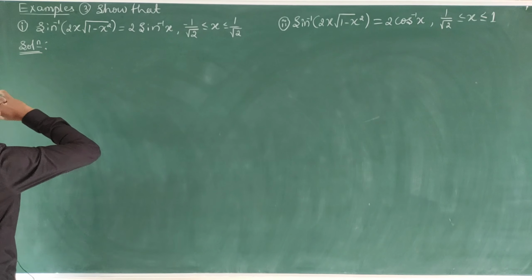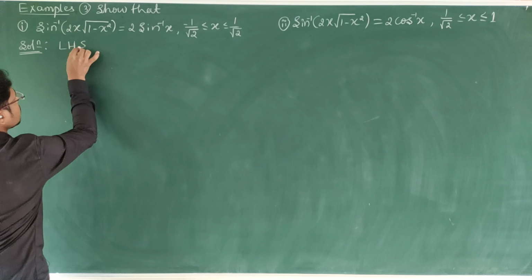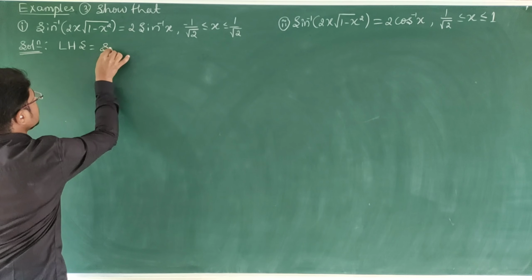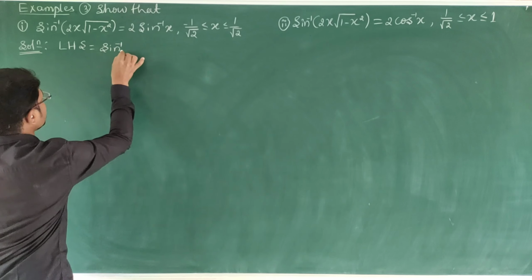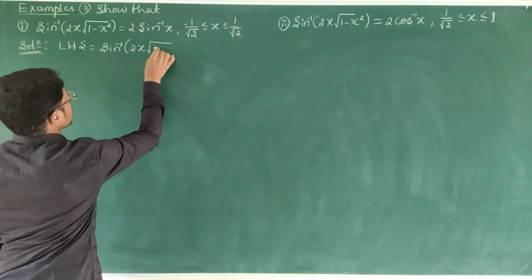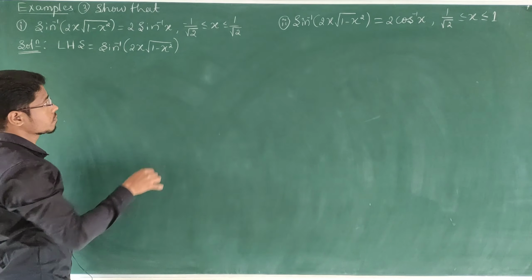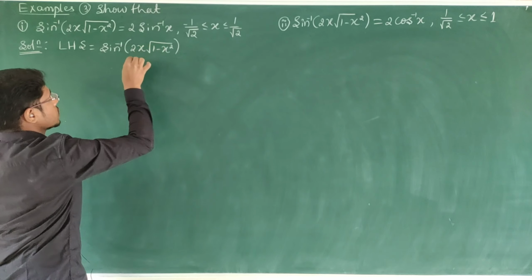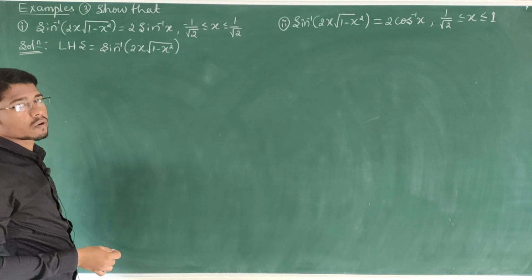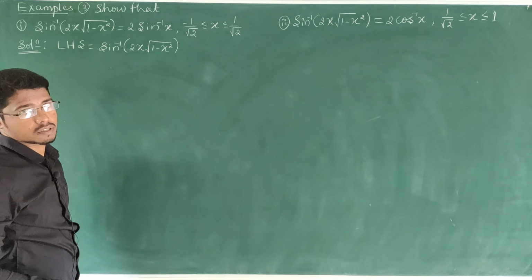Consider this LHS: sine inverse of 2x square root of 1 minus x square. In the result we need sine inverse again.